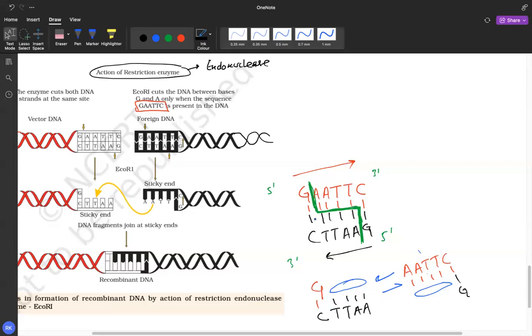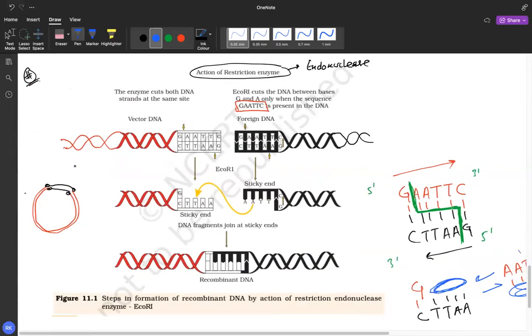Now, if I cut the vector and the vector attaches back, it's like I opened a ring and it got closed again. It's a failed effort, right? I don't want that to happen. What I want is my gene of interest to attach between here, one end here and the other end here.